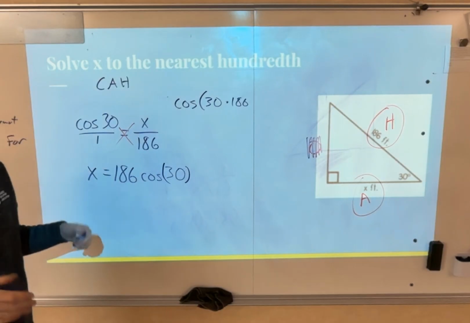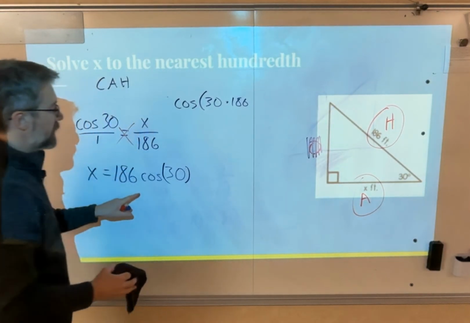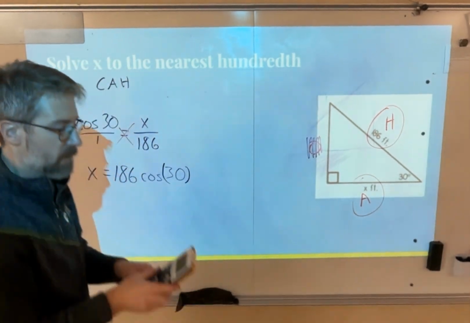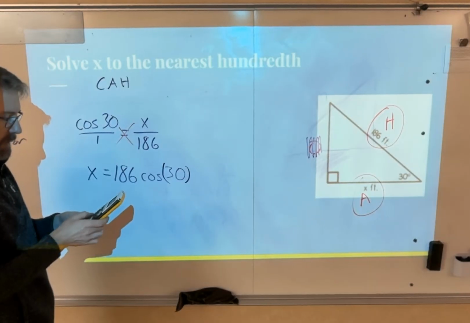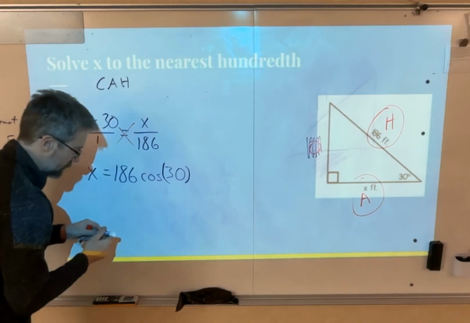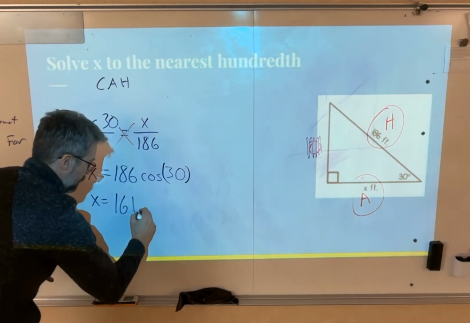It's not going to give you what you want. You're asking for something different there. So this is really how we should do it. From there, it's just making sure I'm in degree mode, and then 186 times cosine of 30. And I got, to the nearest hundredth, 161.08.